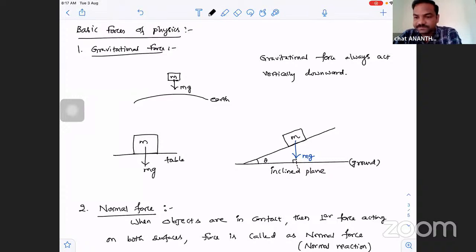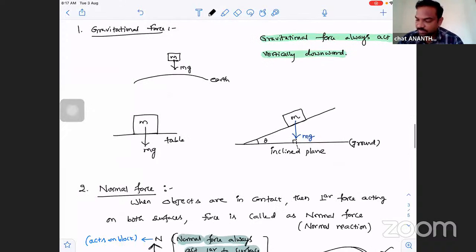You keep the object on the table, on an inclined plane, inside any pipe, or somewhere else. How will the gravitational force act? Vertically downward. It always acts vertically downward. So whenever an object is there, you can draw one force, mg, which is vertically downward.